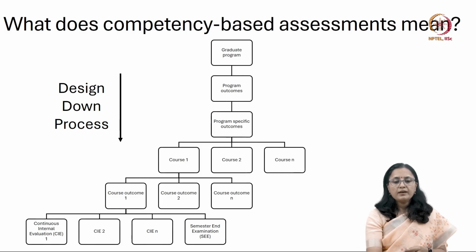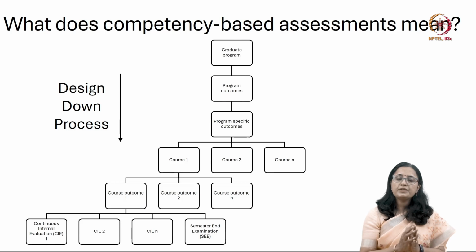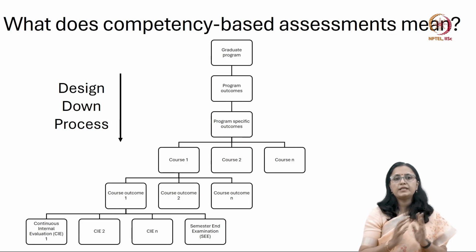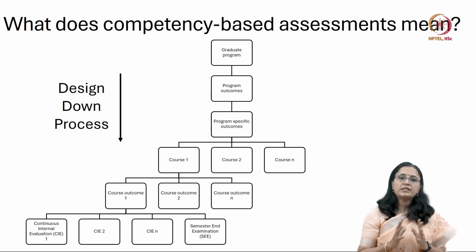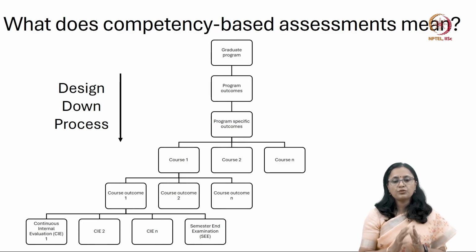Finally, what happens after you have conducted all these CIEs? We try to conduct a semester end examination, and sometimes we also call it a summative assessment. The objective is to verify whether the student has achieved the intended course outcomes for a course.